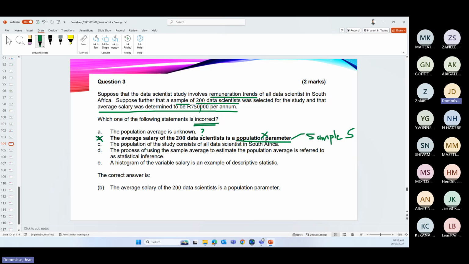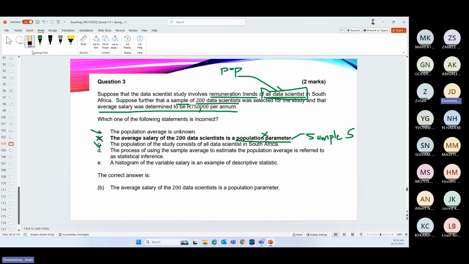The population of the study consists of all data scientists in South Africa. Yes, it does. Okay, so if you see all data scientists, we know that is the population. So then the population average is unknown is correct, because they don't say what the population average is.